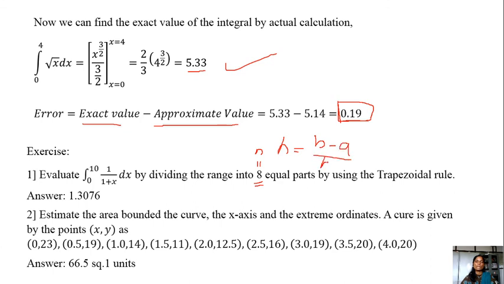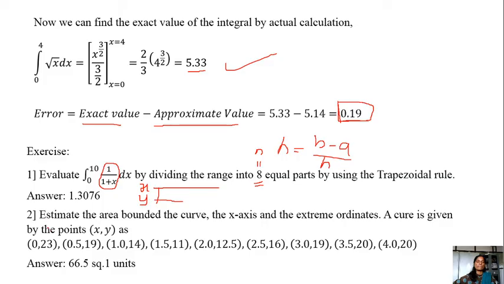So b is 10, a is 0, and n is 8. So 10 by 8, compute this and find the values of y at the respective values of x. So write here the arguments, and write the value of the function, y equal to 1 upon x. Whatever x is, compute this term and you will get the value of y.